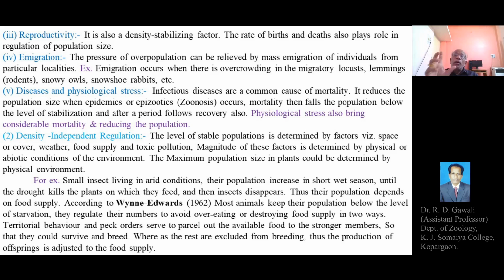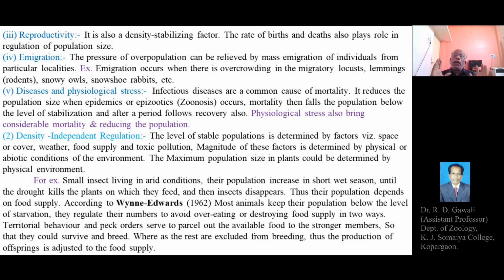Only the strong animals of the respective species are fed and allowed to breed or reproduce.